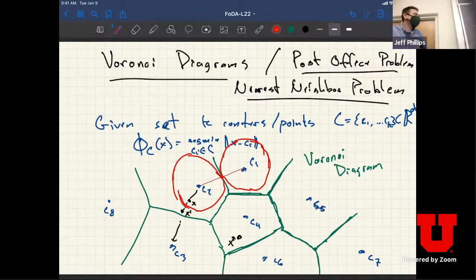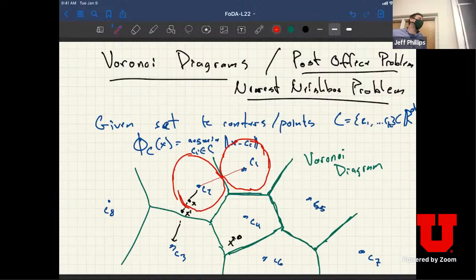It could be arbitrary. You might want it to be well defined, and then I would typically assign it to the region with the lower index. So if it's on the boundary of C2 and C3, well, 2 is less than 3, so assign it to C2. That way it's consistent if you have a tie.